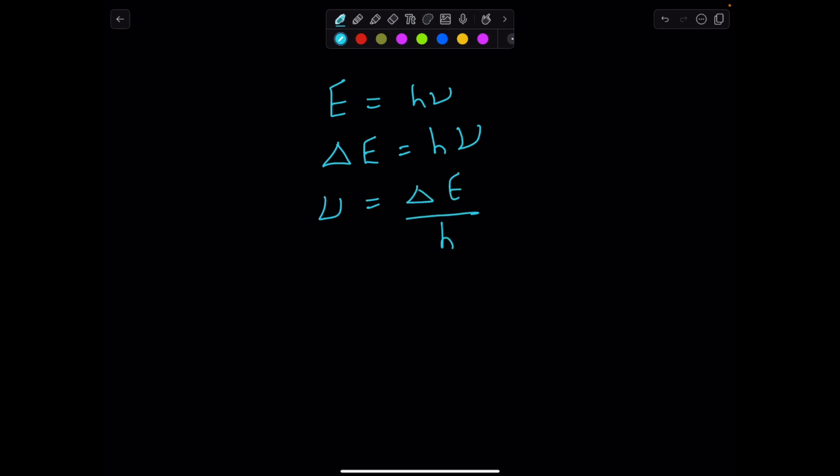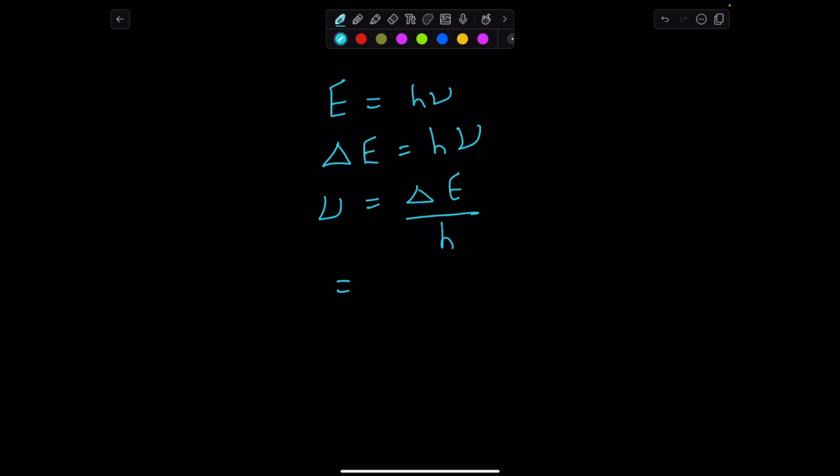The second part of the question is to find the frequency of the radiation required to produce a transition between these two states. To find that, we can use E equals h nu, where nu is the frequency. So the frequency of radiation required to produce the transition between the two states would be delta E over h. So nu equals delta E over h.